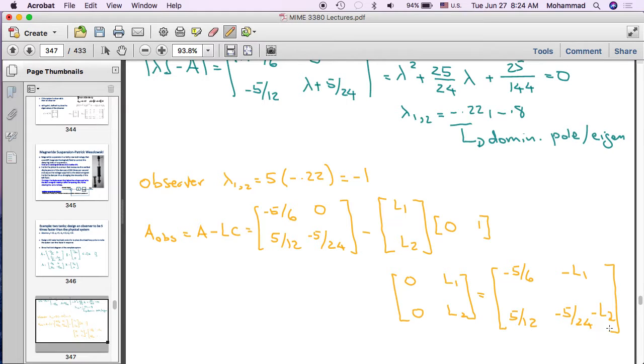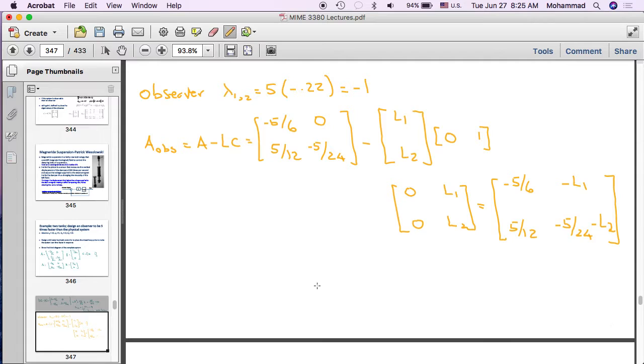Now we want to choose L1 and L2 such that the two eigenvalues of this matrix are both going to be equal to negative 1. So we are looking for two numbers for L1 and for L2 so that the eigenvalues of this matrix are both located at negative 1. So how are we going to do it? The next step is to find those eigenvalues.